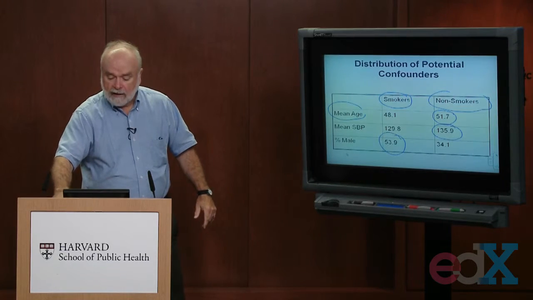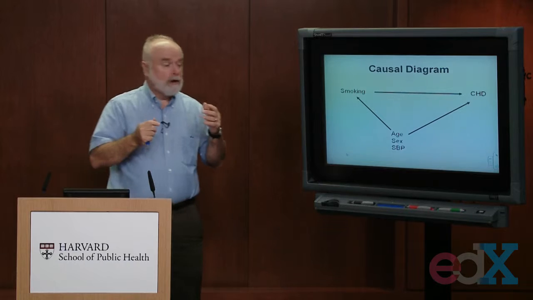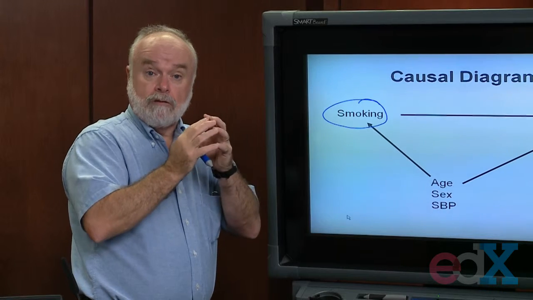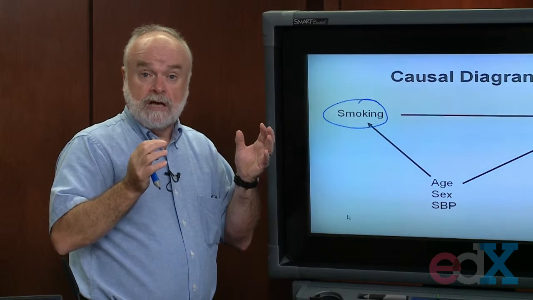This diagram explains what I've been talking about. We want to do a study to see if smoking itself impacts on the risk of developing, say, coronary heart disease. We're going to measure incidence rates among smokers, incidence rates among non-smokers, calculate an incidence rate ratio as a measure of association.